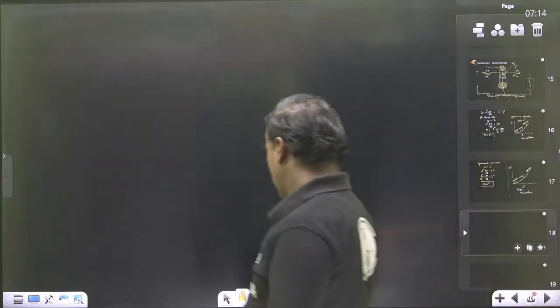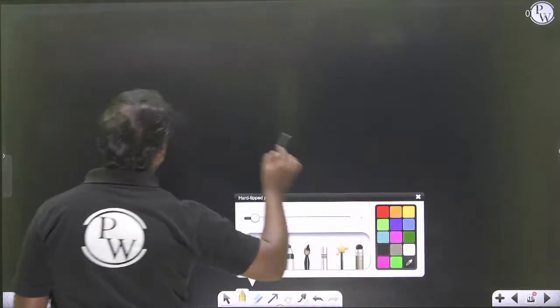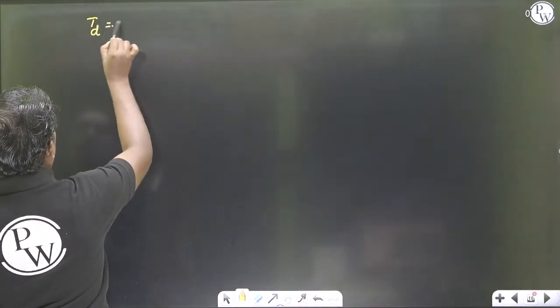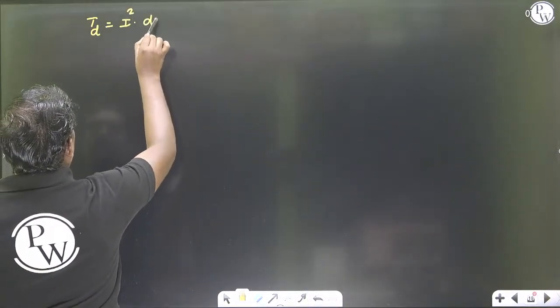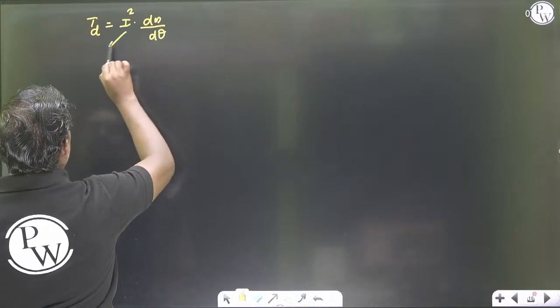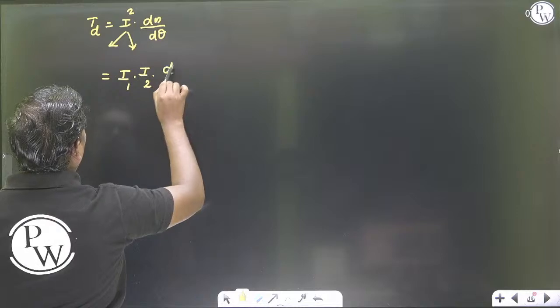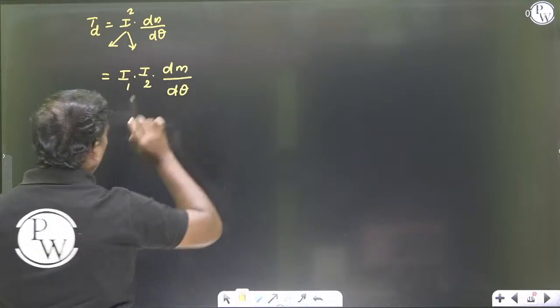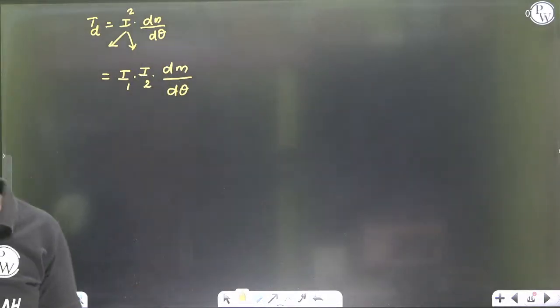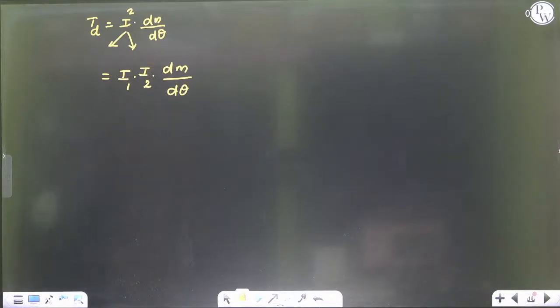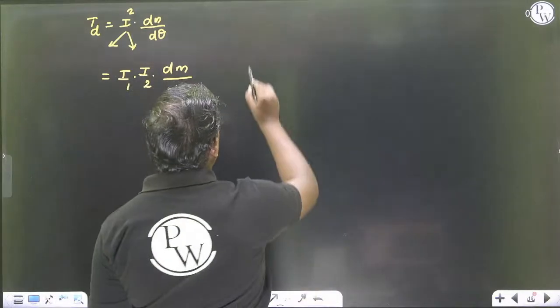Chalo. So now, the deflection torque formula is I square dM by d theta, but practically speaking this I square is not I square, this is I1 I2: the current passing through the current coil and the current passing through the potential coil. So what is I1?